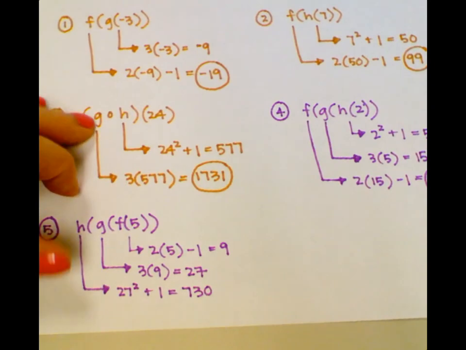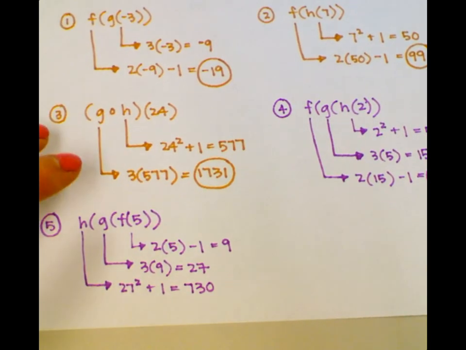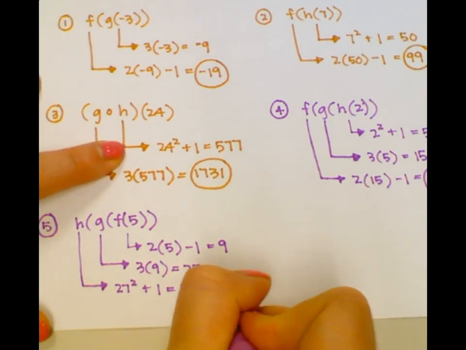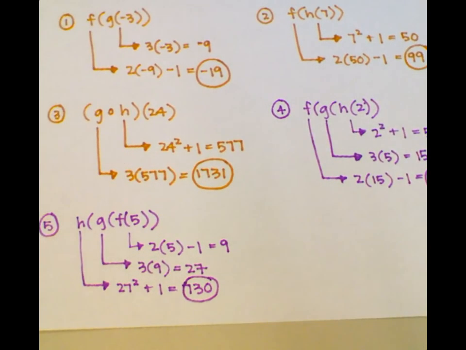So again, with these compositions, you start at the right, start at the parenthesis. Try that one, then back it on up. Do that one, then back it on up. Okay, and the last answer, that's the answer to the problem. All right, try those practice problems. Ask me questions if you need.